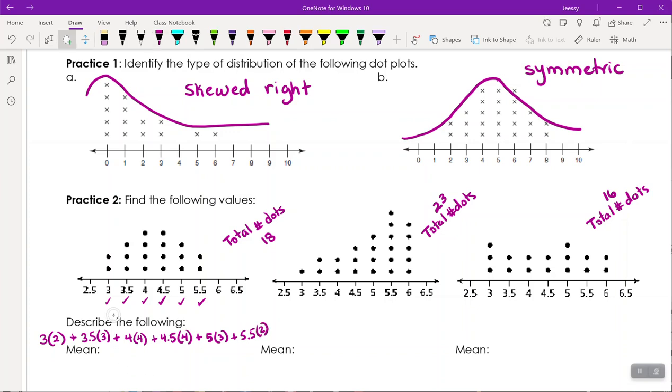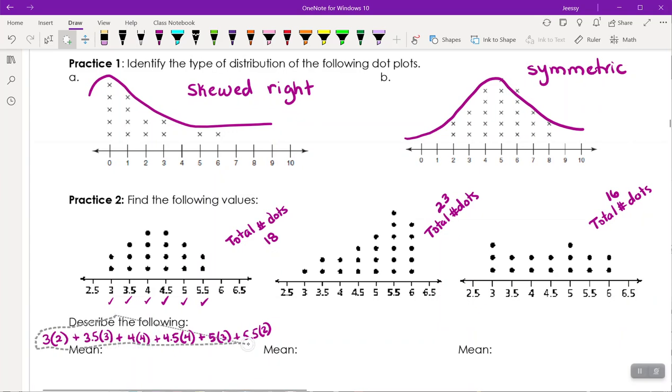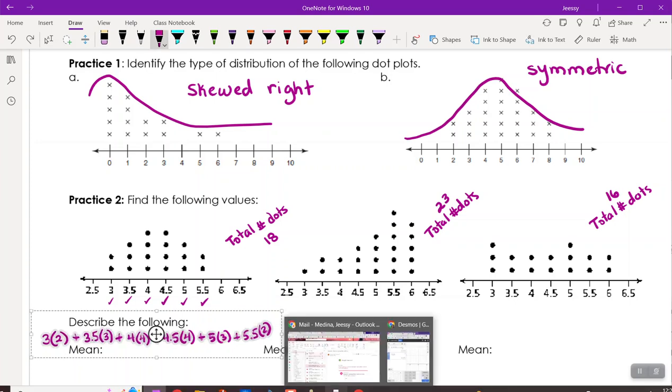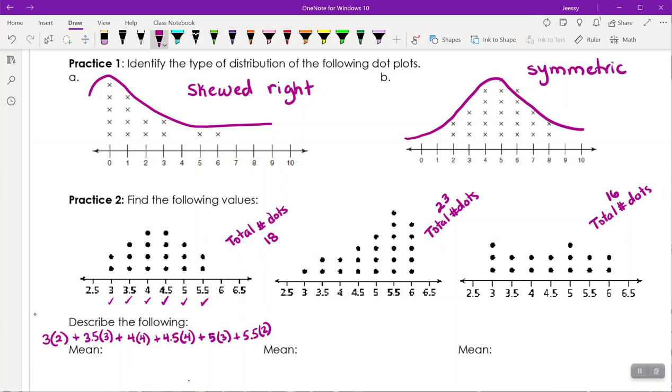Y'all need to write nice and small. All right, what is all of that equal to? 76.5?